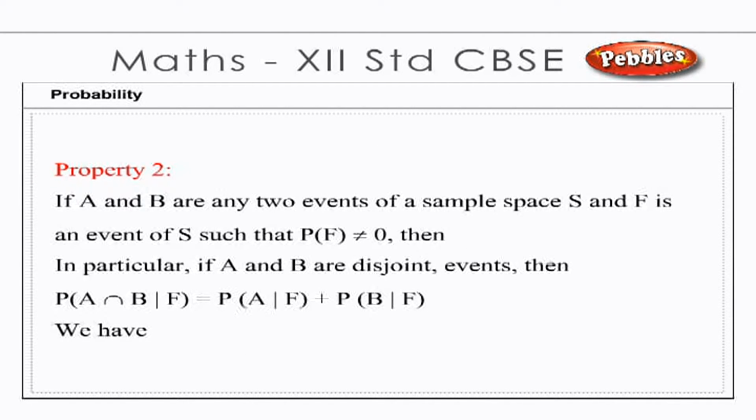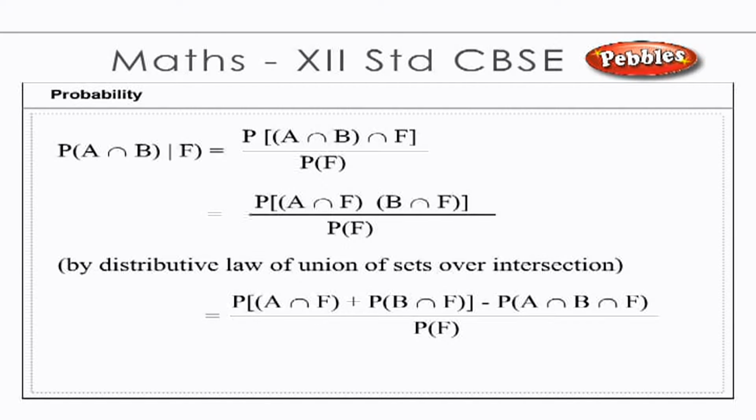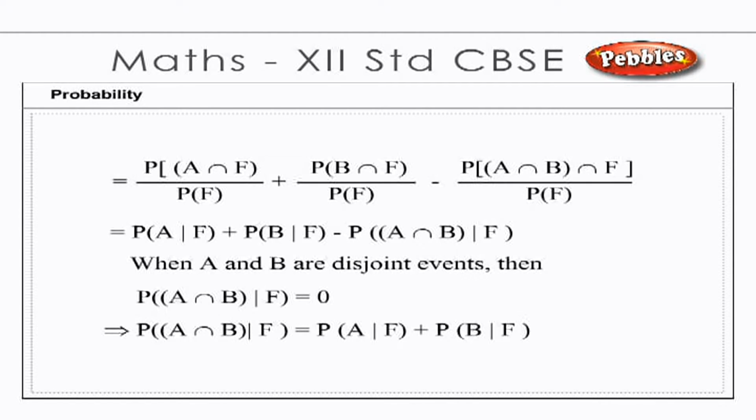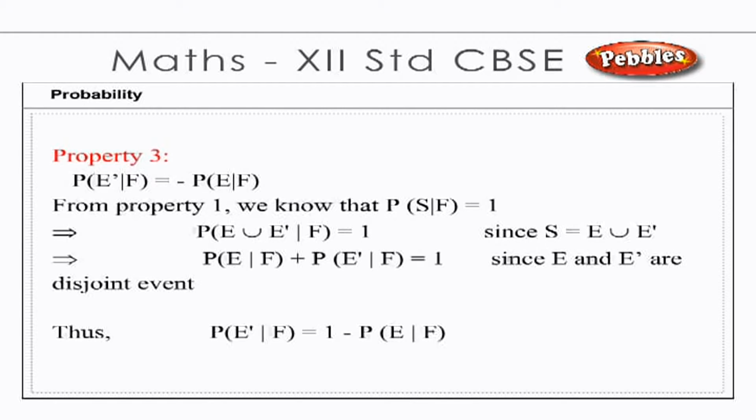The proof is shown on the screen. Property 3. The proof is shown on the screen.